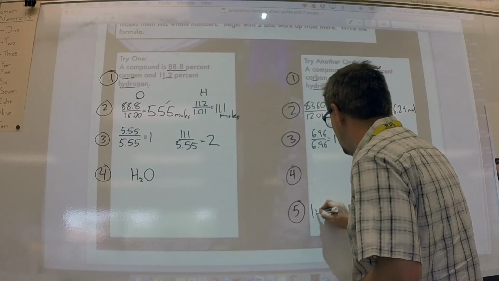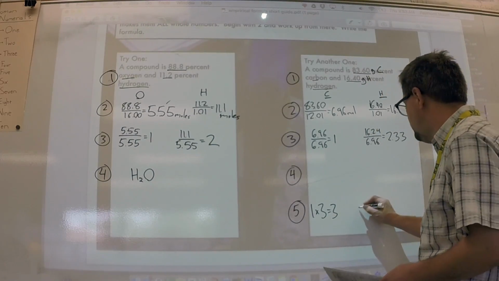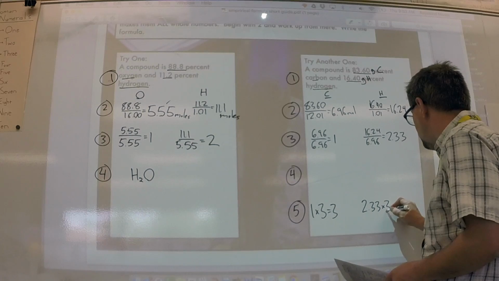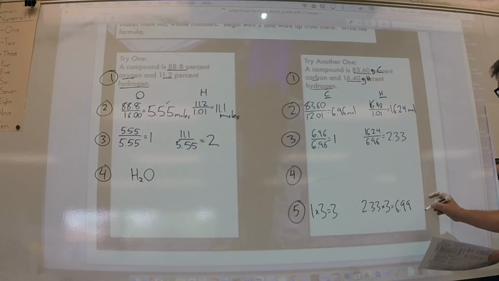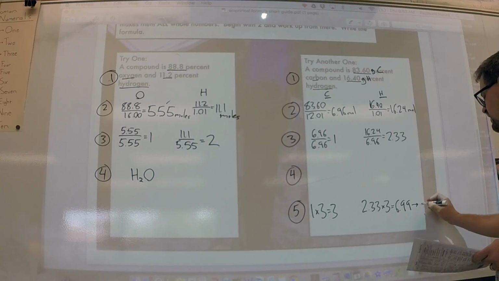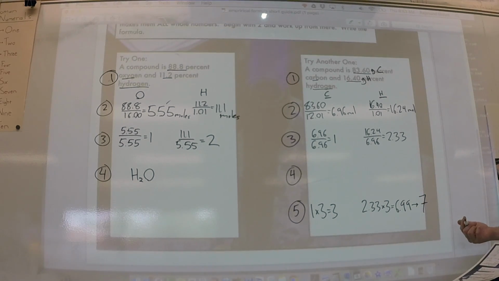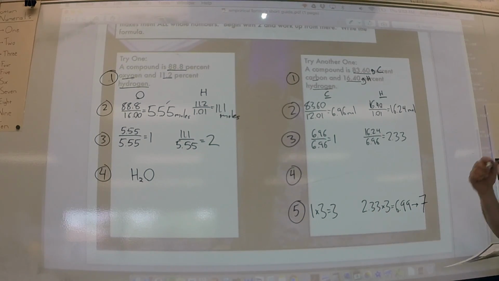For the carbon, 1 times 3 equals 3. And for the hydrogen, 2.33 times 3 is 6.99. Now that is close enough that you can round it, and you round that up to 7. So now we have whole number subscripts that we can use for the formula.